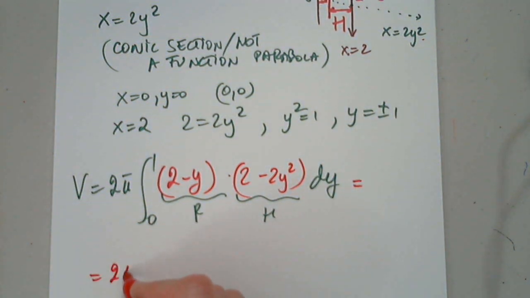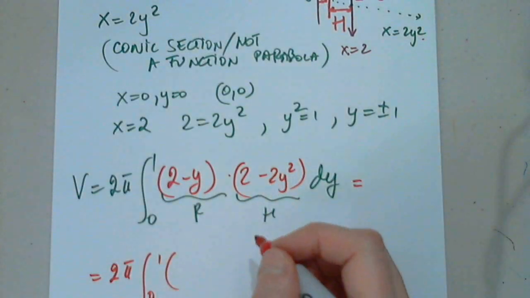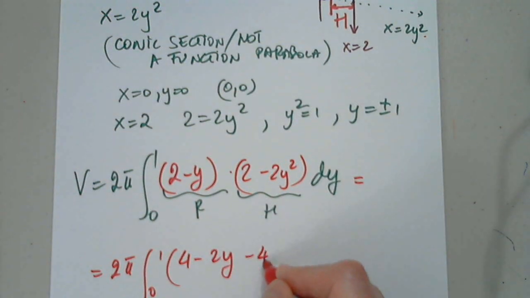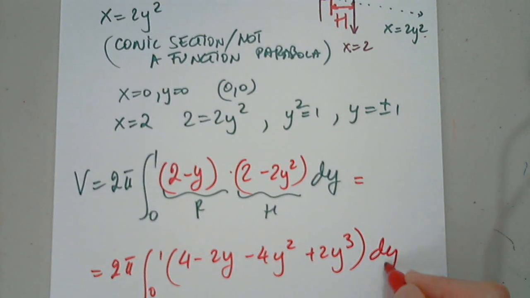Therefore, we have 2 pi, the integral from 0 to 1. I will distribute. I should have factored out the 2 to make it easier, but that's okay. So this is 4 minus 2y minus 4y squared plus 2y to the third dy.